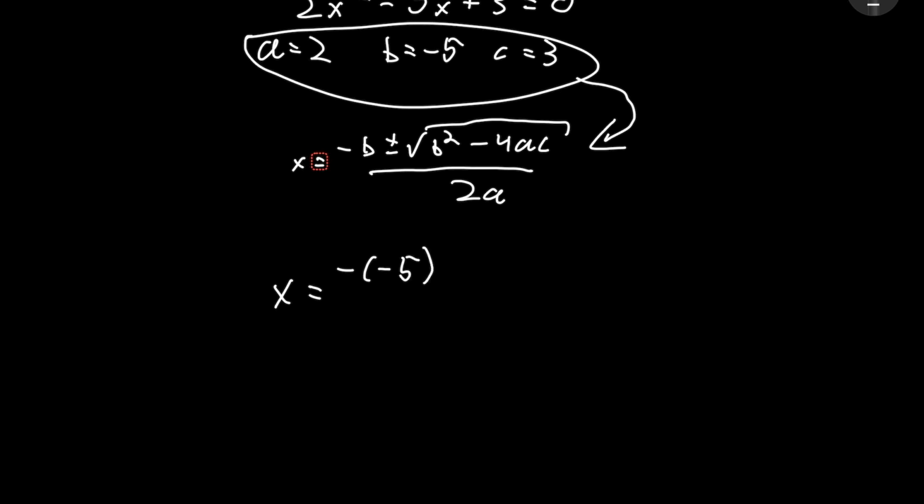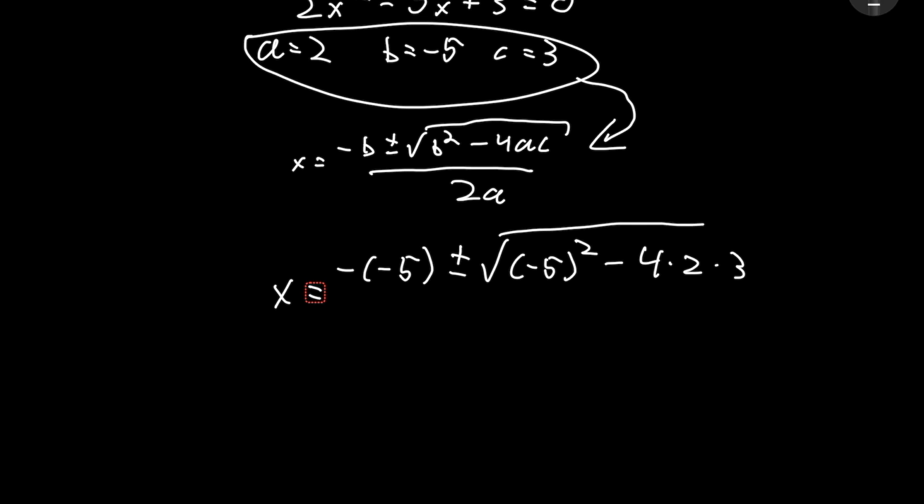So minus minus 5 plus minus the square root of minus 5 squared minus 4 times a, which is 2, times c, which is 3, divided by 2 times a, which is 2.